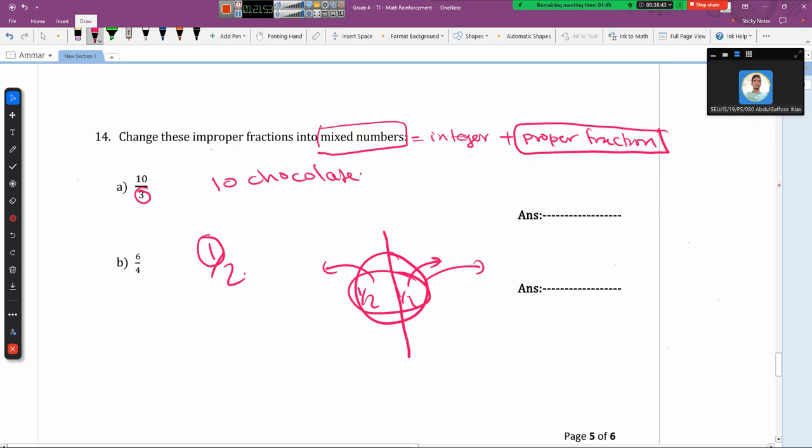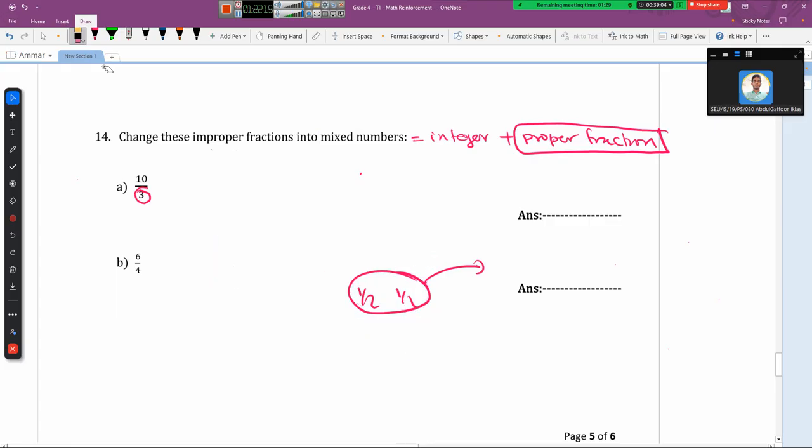Now similarly, 10 divided by 3 means what? It's 10 chocolates shared among 3 people.